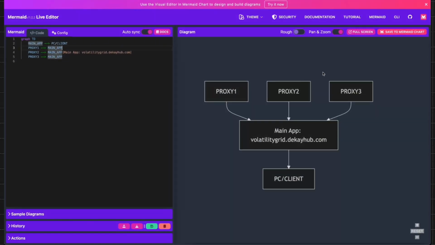Now, here is the architecture that we're going to use to achieve the desired calculation limit. Again, it's not exactly how it's going to translate in the real world, but it's a reasonably close approximation. So we'll have a few proxy servers to distribute the network load. On these proxy servers, we'll subscribe to the Bybit Spot WebSocket and listen to the 1 minute candlestick data. And we're going to relay those to the main application that is going to reside on volatilitygrid.dekayhub.com.